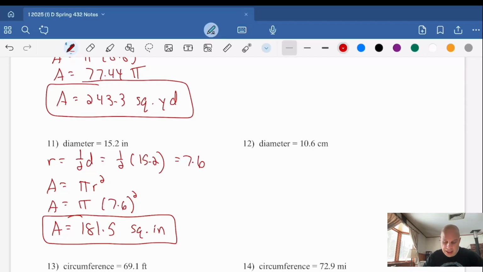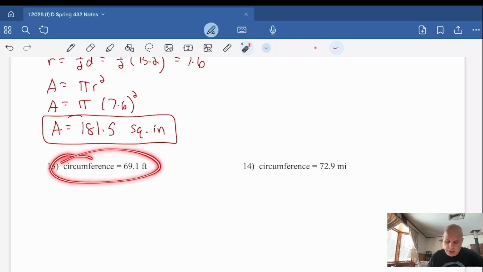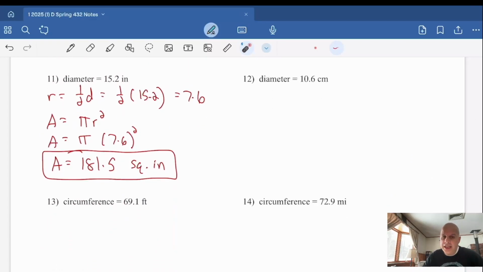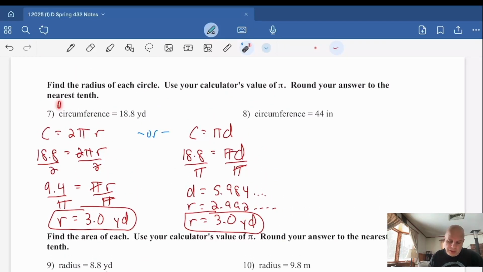And then finally, last one, number 13. Well, let me backtrack. You're given the circumference, and now we have to use that to find the area. Well, to get the area, I need the radius. So, since I'm given the circumference, I'm going to approach it kind of like what we did for number 7.